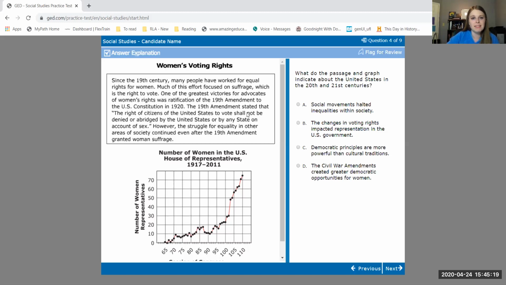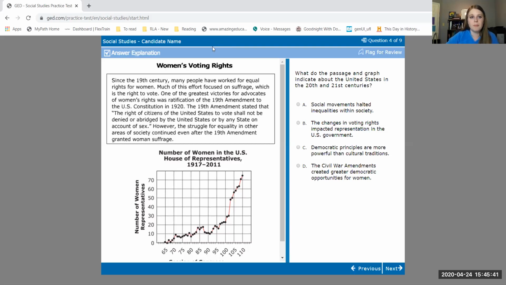The 19th Amendment stated that the right of citizens of the United States to vote shall not be denied or abridged by the United States or by any state on account of sex. However, the struggle for equality in other areas of society continued even after the 19th Amendment granted women suffrage.